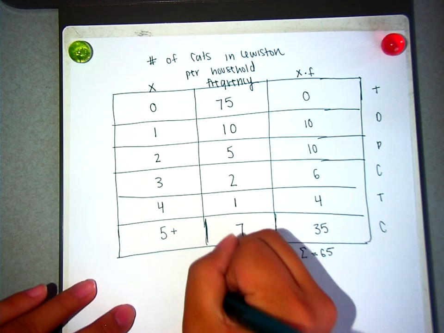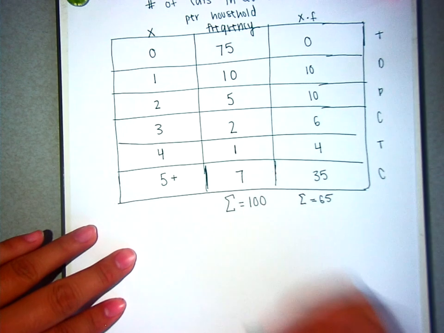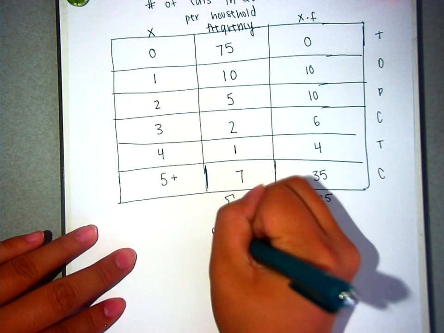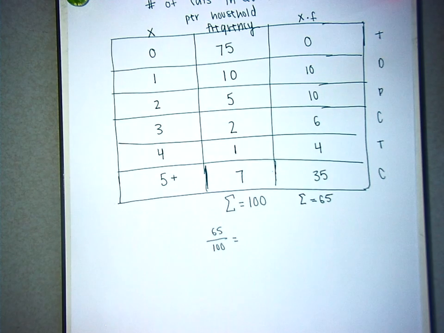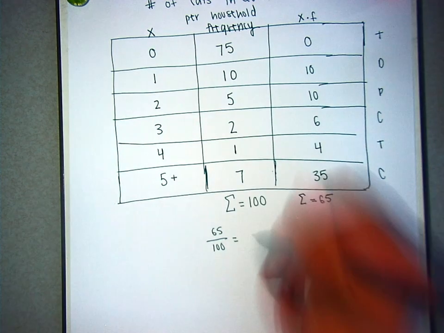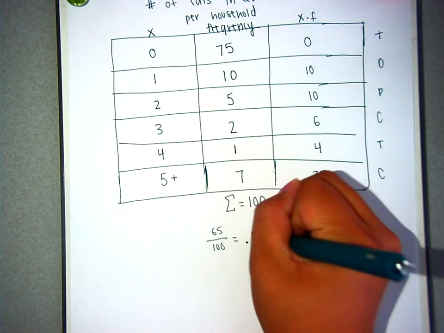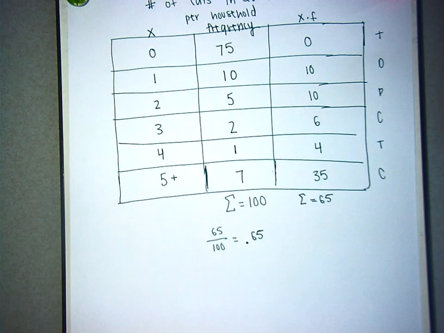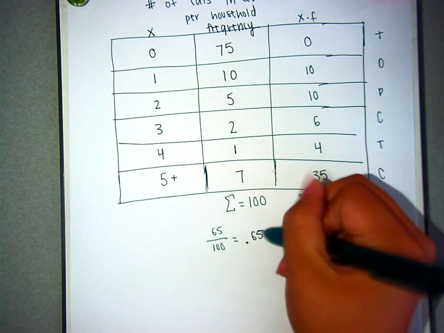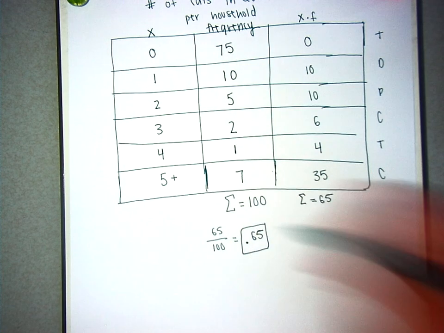We're going to take 65 divided by 100 to get you the mean. 0.65. That's really small, because most households have less than 1 cat, according to Trey. And it's an average, so it can be a decimal. So this is what we were trying to find.